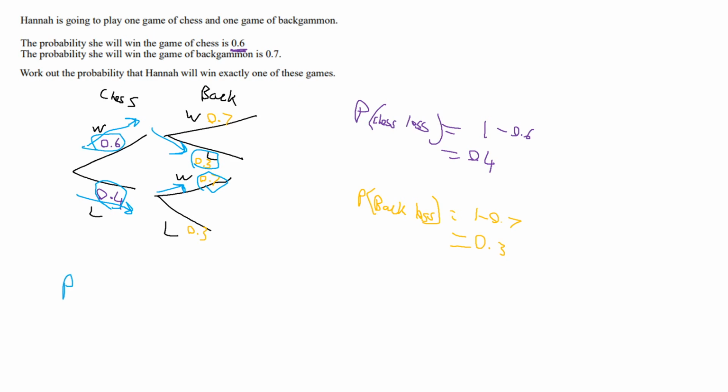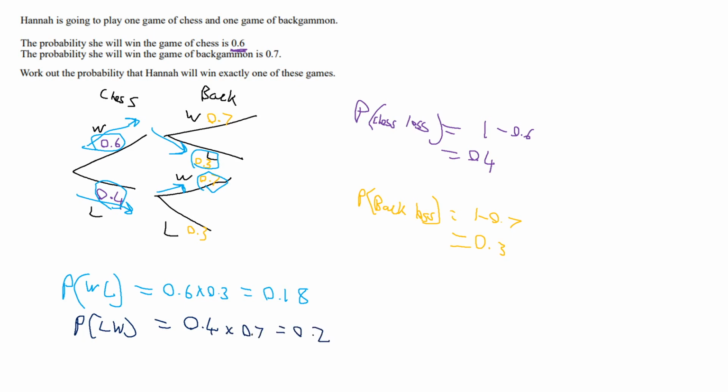The probability of win-lose is going to be 0.6 times 0.3, which is equal to 0.18. And the probability of losing then winning is going to be 0.4 times 0.7, which is 0.28.